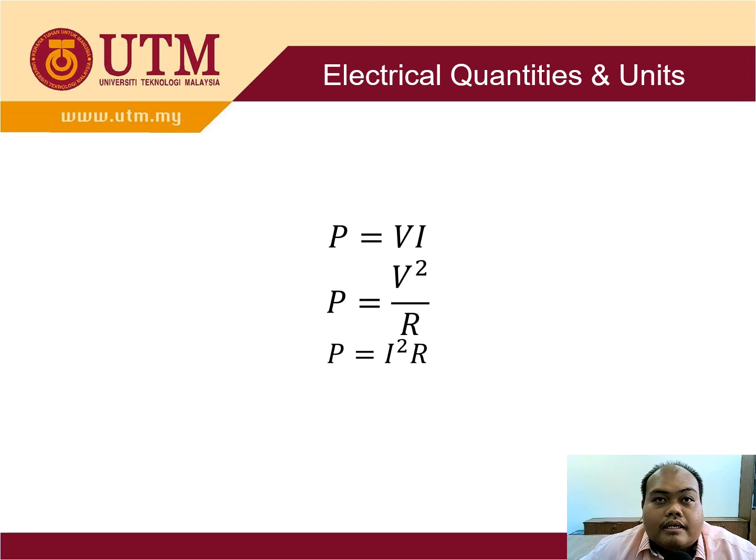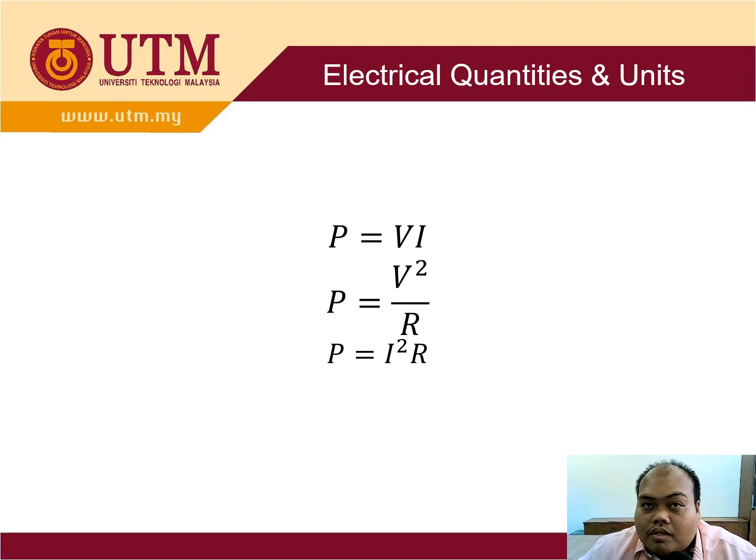Previously, I showed that the formula for power is P equals VI. But sometimes V or I is not present. If V or I is not present but the resistance value is present, you can use the resistance with the voltage or current. The original equation is P equals VI.